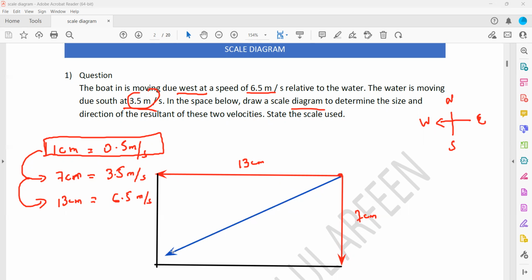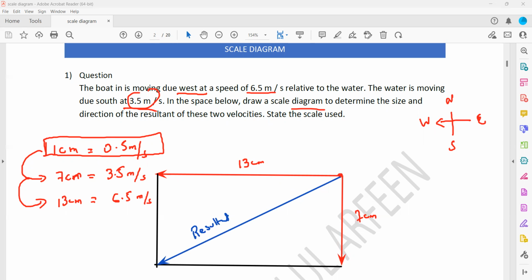The diagonal is always the resultant. And how much is the resultant? You have to measure the length, using a ruler or the scale.